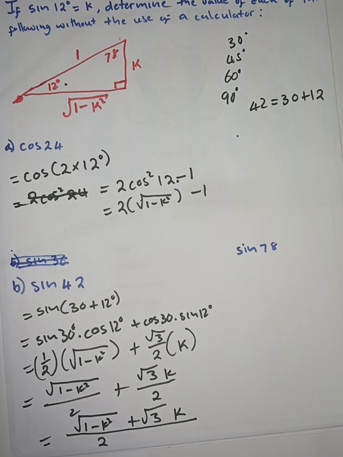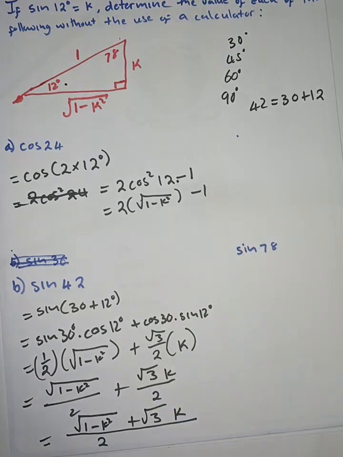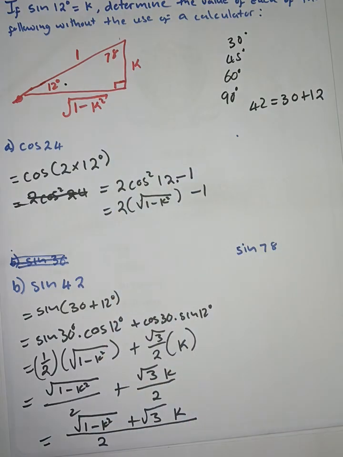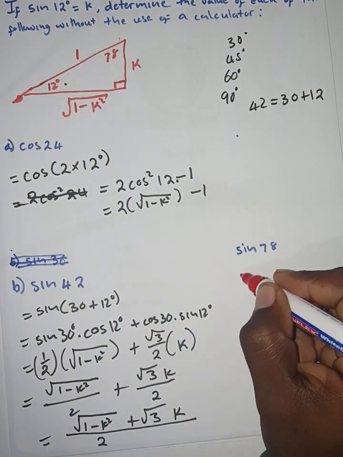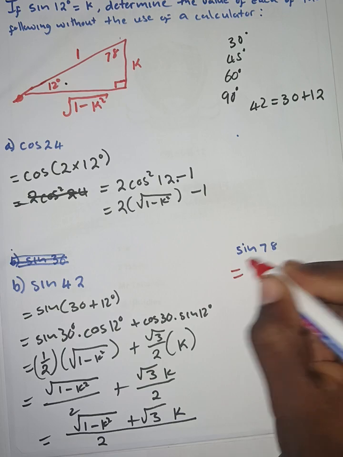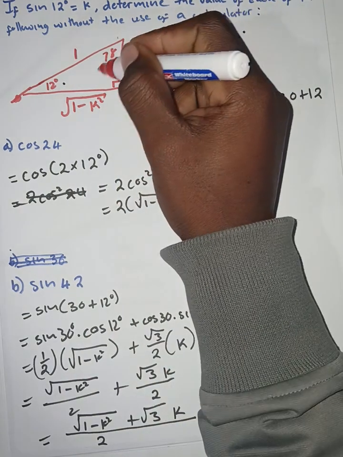I should have mentioned that they ask you to determine the value of each of the following in terms of k. They say they want the value of sine of 78. We know that we have 78 in our diagram. Sine is the opposite over the hypotenuse.